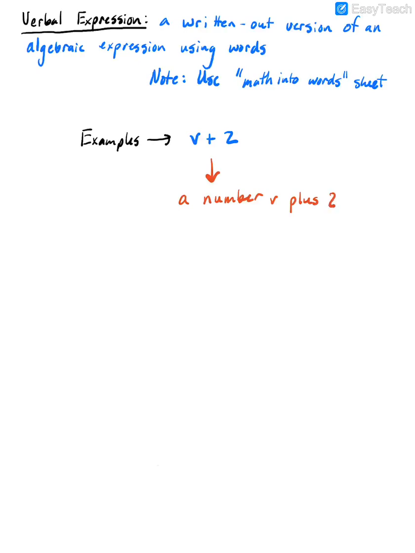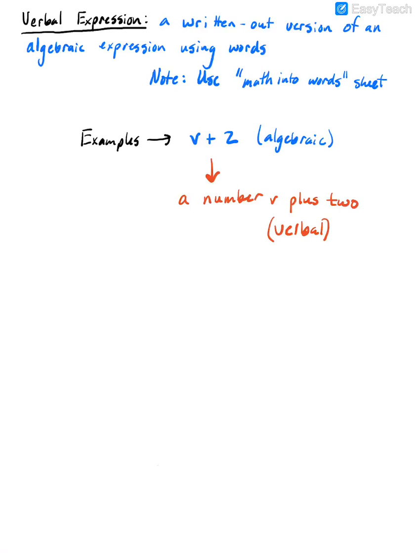Oops, my bad. Got to use the words. Okay, so this is verbal. This one's algebraic. Okay, so notice the difference. One's shorter than the other, but one uses the words and describes what the algebraic expression is saying.